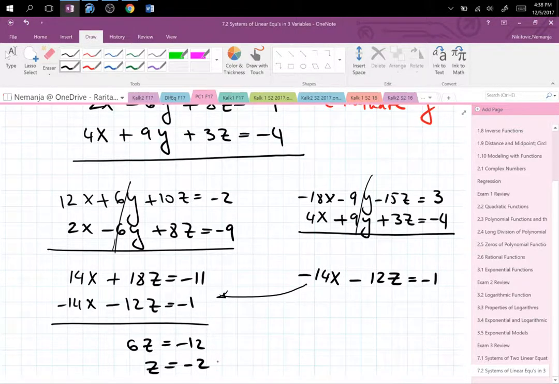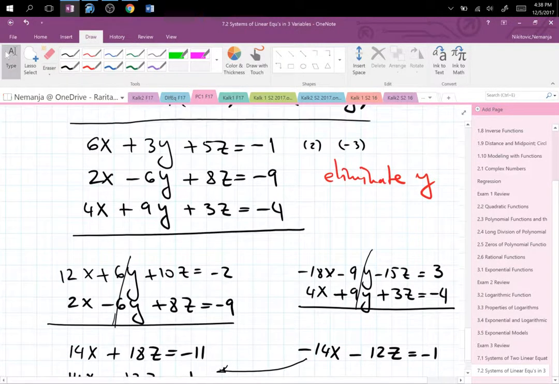You have a fraction? Does anyone have negative 2 on z? Like this. Negative 18. Where do you see negative 18? Negative 18x minus 9y minus 15z. Oh, when I multiply the top equation by negative 3.